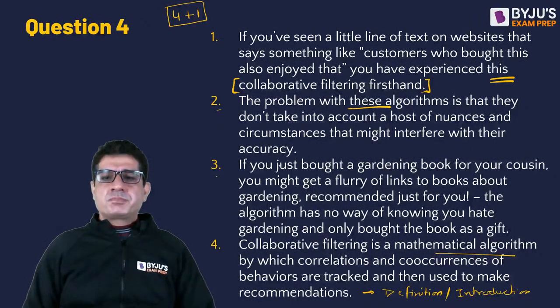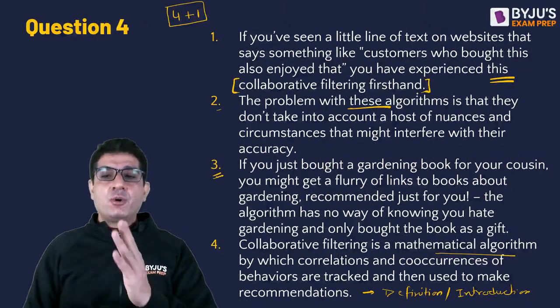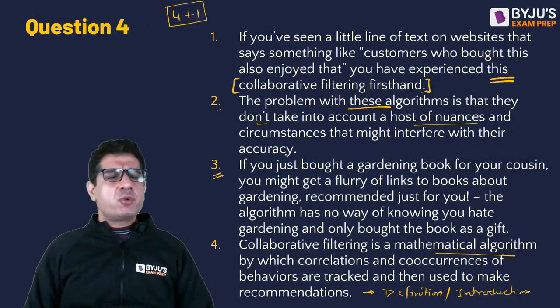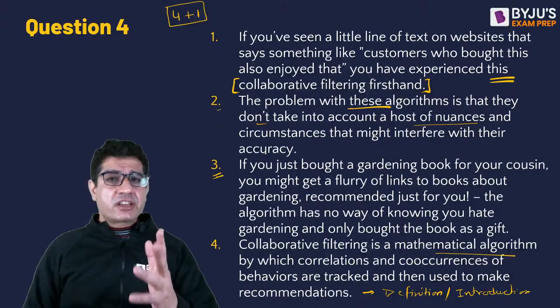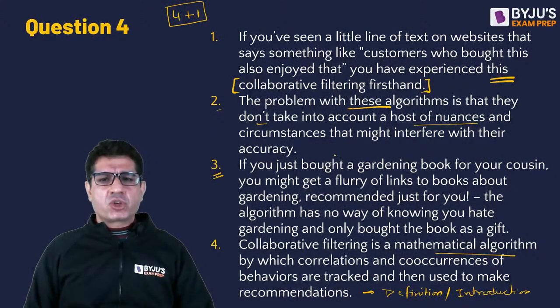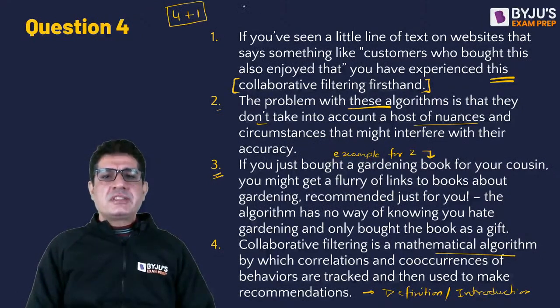Then third, if you just bought a gardening book for your cousin, so you realize third is basically giving you an example of how these algorithms do not take into account a host of nuances. You are not interested in a book on gardening, you bought it as a gift, but then you are now being shown more such recommendations. So third is essentially an example for 2, which means that I need to have 2 plus 3.